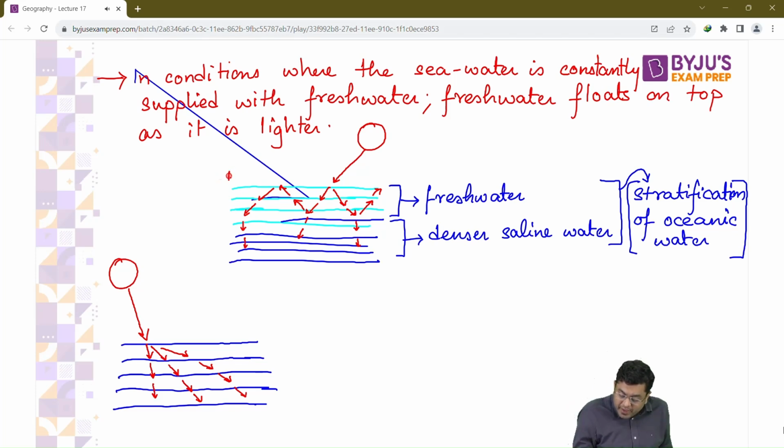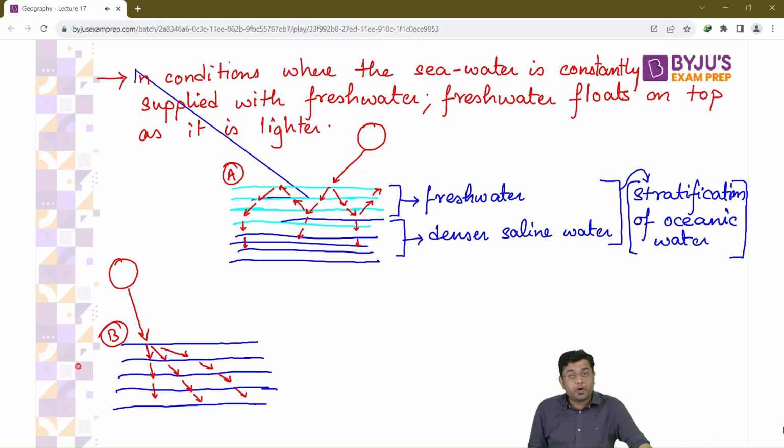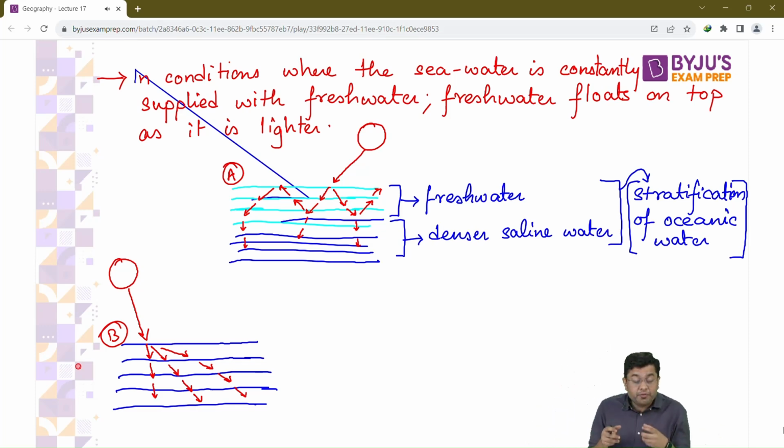So out of A and B, where do you think surface water will get much hotter, and that too quickly? Where do you think surface water will get hotter and quickly? Always in the case of A, because in B that heat will be distributed, spread across, whereas in A that heat will be concentrated, right?